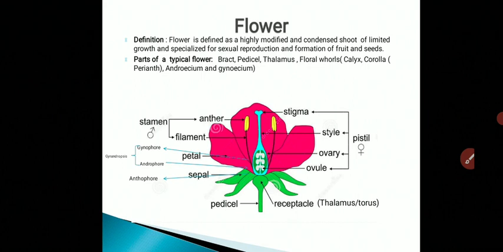So the first part is the pedicel. The stalk of a flower is called a pedicel. A flower with a pedicel is known as a pedicellate or stalked flower, for example hibiscus. A flower without a pedicel is known as sessile, for example tuberose.